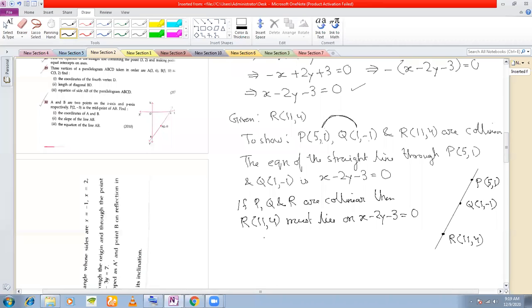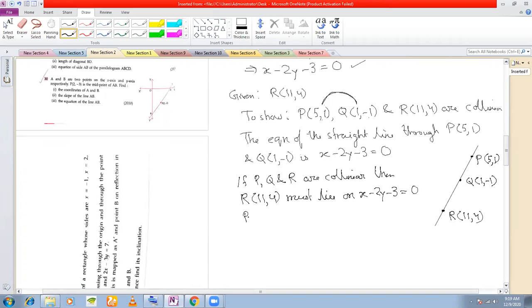So let us check whether it lies. How do you check? You simply check by putting the coordinates in the equation and seeing whether it is satisfying the equation or not. So putting x is equal to 11 and y is equal to 4 in x minus 2y minus 3, we get only on the left hand side.